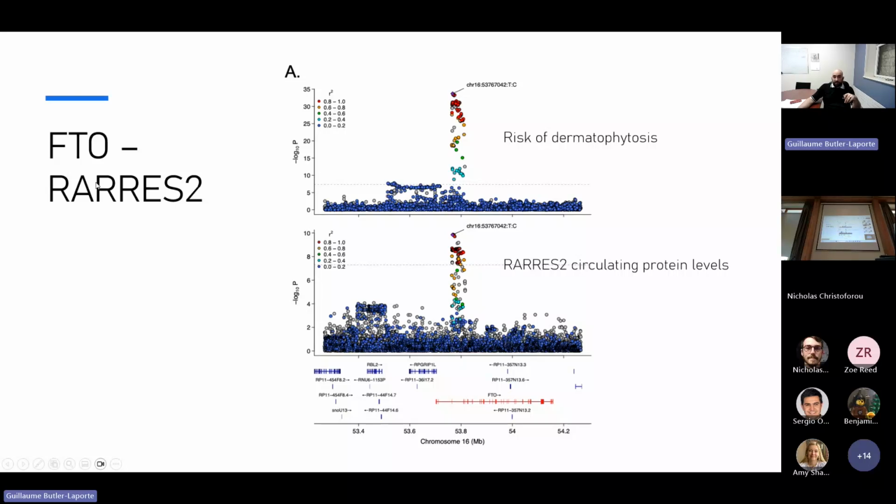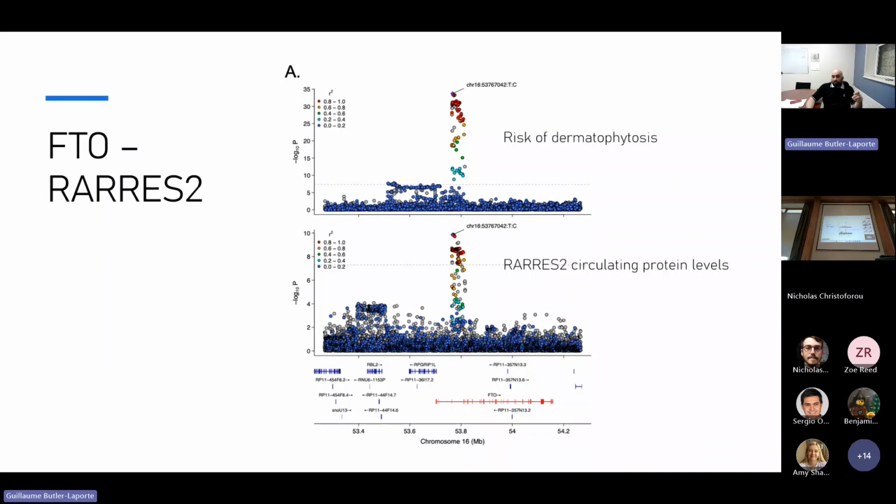And in this case, RA does stand for retinoic acid, so retinoic acid responsive element, something like that. And it's basically a protein that is upregulated as you give more vitamin A. And what's interesting is that we know that obesity leads to a relative state of deficiency of vitamin A.